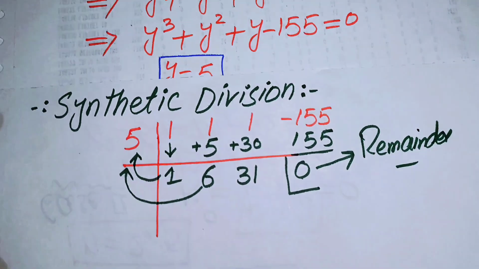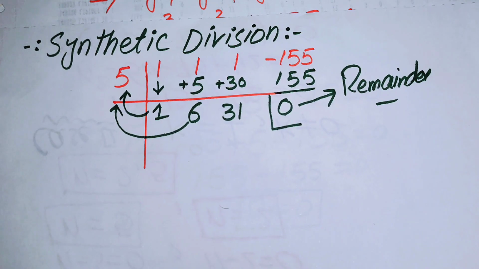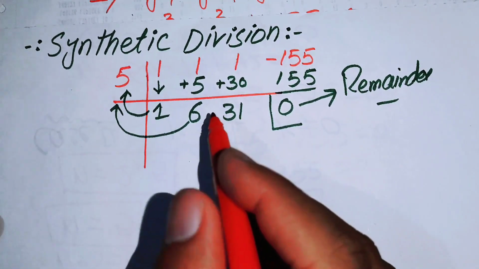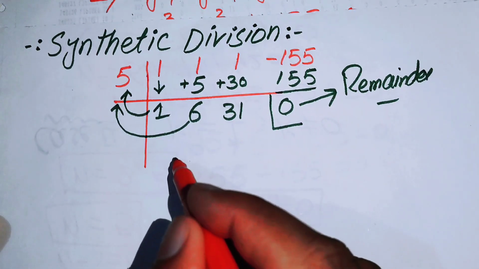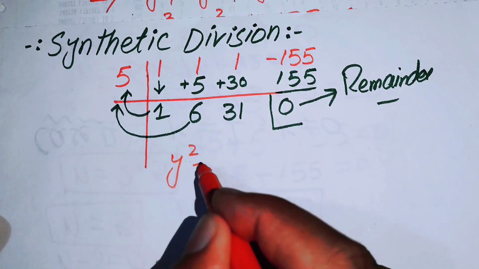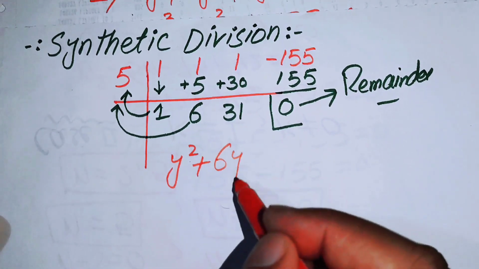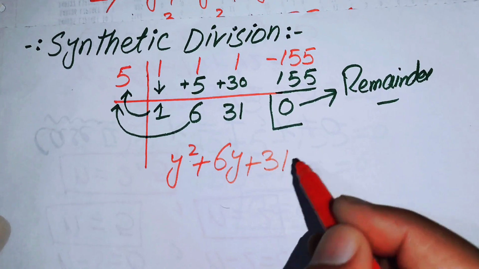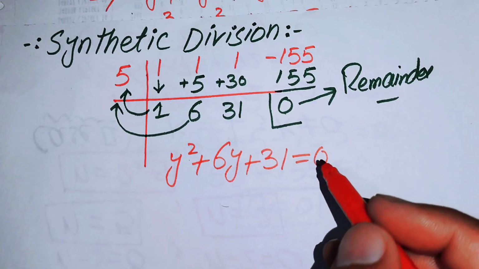So now here we can write the depressed equation by involving these coefficients, so the depressed equation is y squared plus 6y plus 31 is equal to 0.